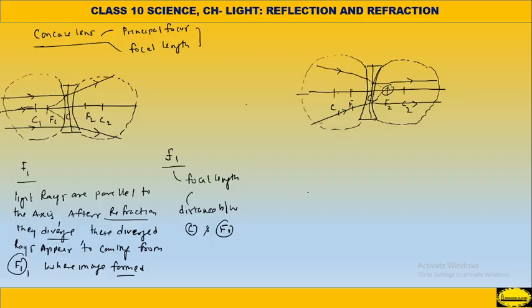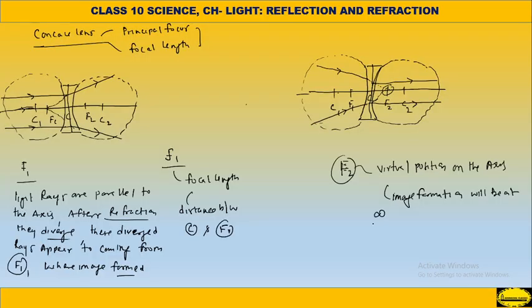So we see that the principal focus of a concave lens, this f2, is a virtual position on the principal axis for which the image formation will be at infinity.